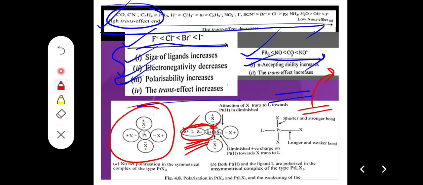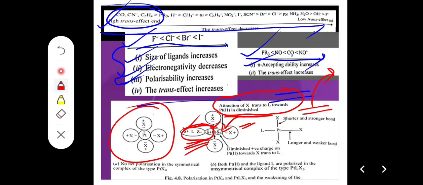In that case, the attraction force decreases. The attraction of X trans to L towards platinum(II) is decreased or diminished.